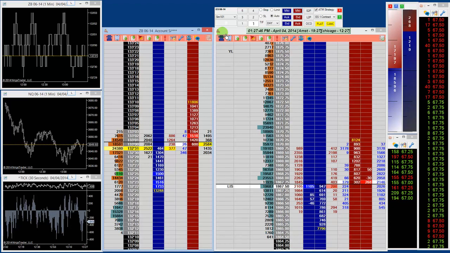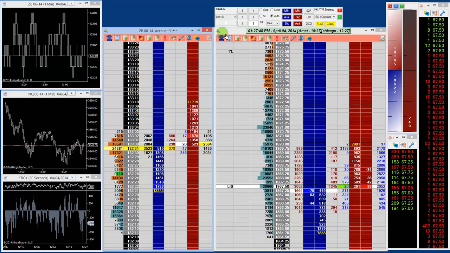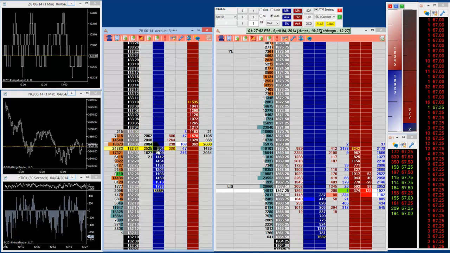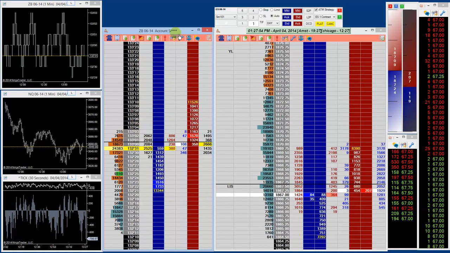Now, one of the good things about seeing an inversely correlated market, especially with the 30-year Treasury, is that in this case, it's a slower market.